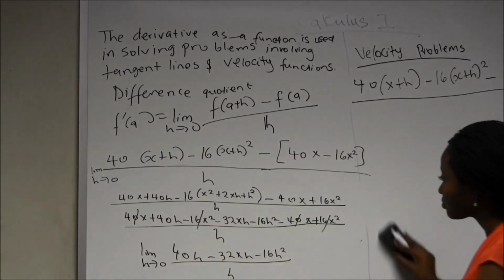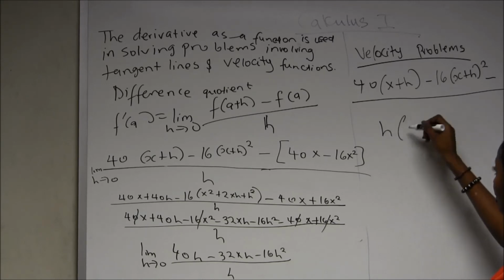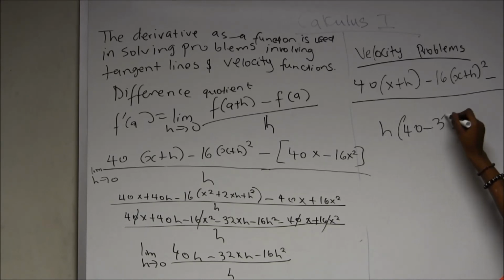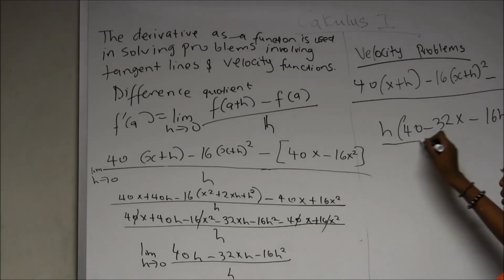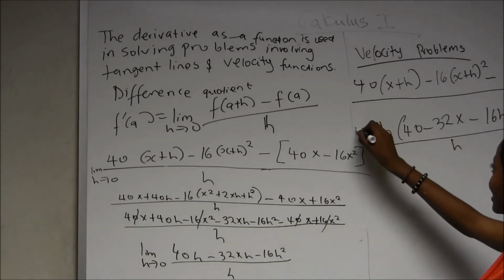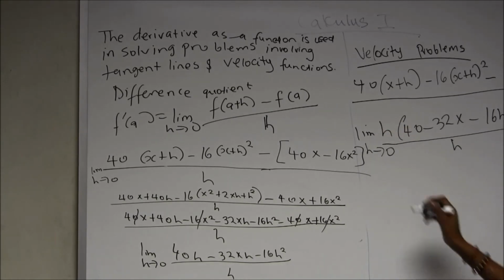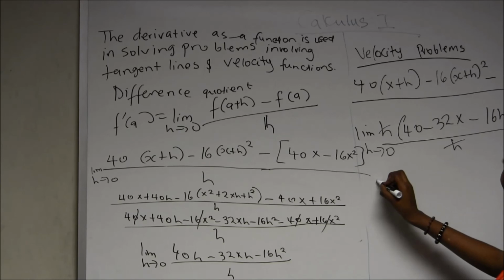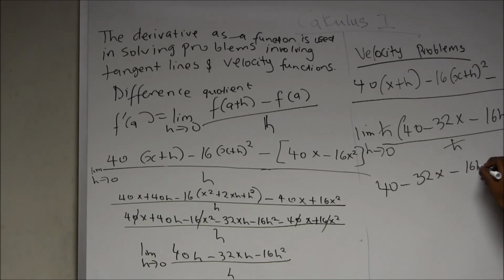Now, I can factor out my h, and when I do so, I'm going to have 40 minus 32x minus 16h, all divided by h as the limit of h approaches 0, right? So this cancels out, so I have 40 minus 32x minus 16h.